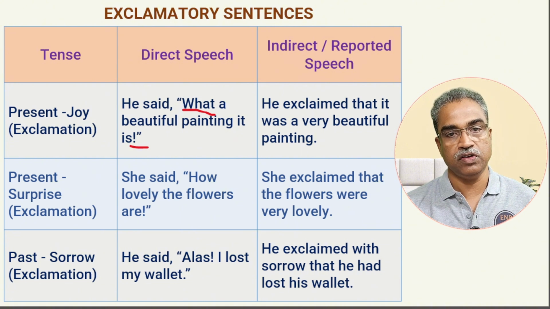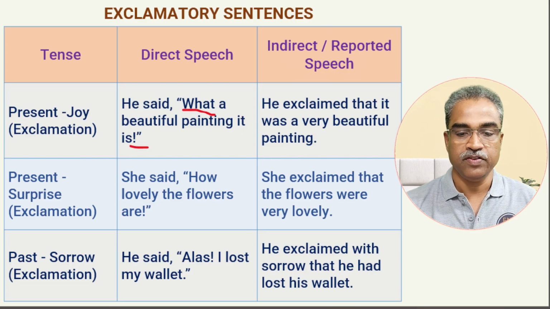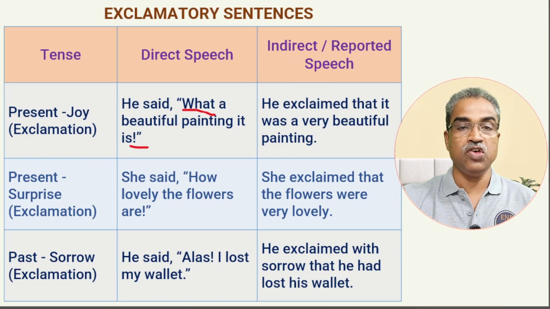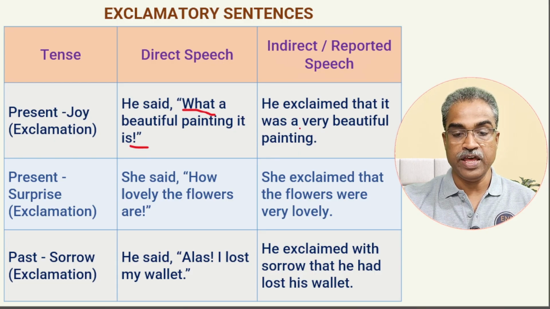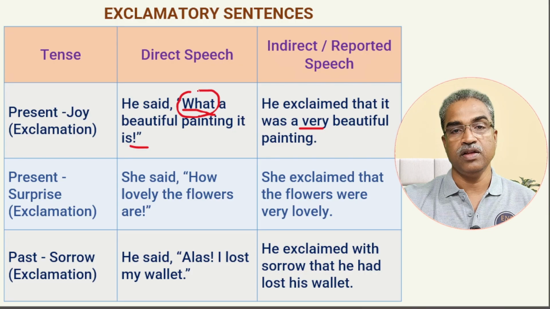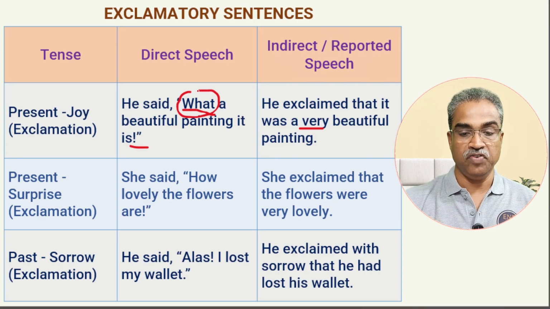You need to use your creativity. You need to understand the situation and then use proper words. So he exclaimed that it was a very beautiful painting. Now you notice the word very. This very comes from the word what in what a beautiful painting. So here what means very.